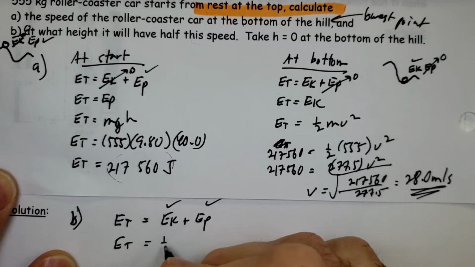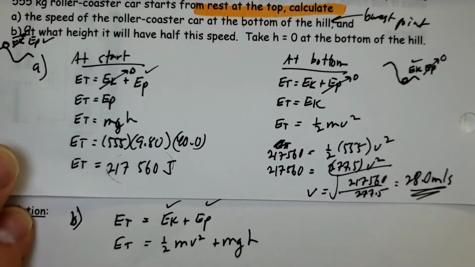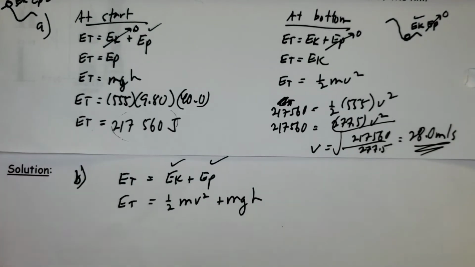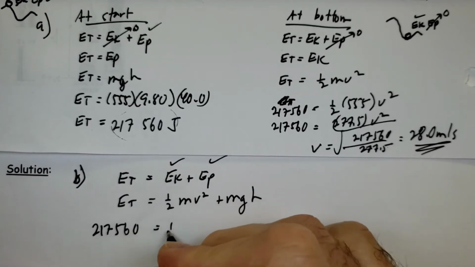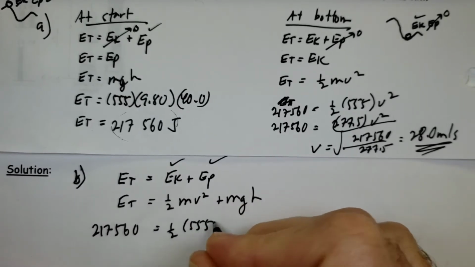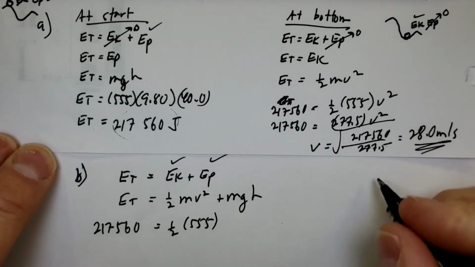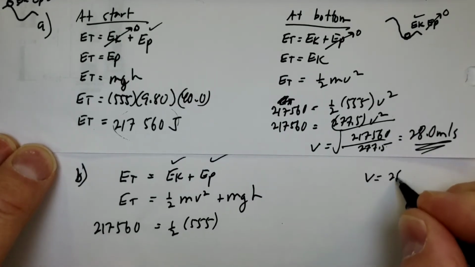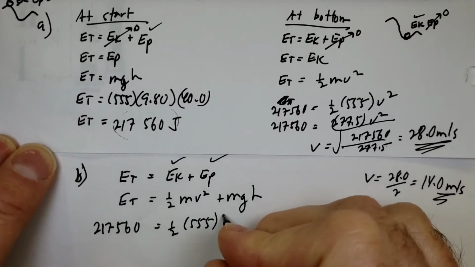So ET equals 1/2 mv squared plus mgh. Total energy, again, is still 217,560. Mass of 555. Now, we're told when will it be half speed, so when v is equal to half, which is 14 meters per second.